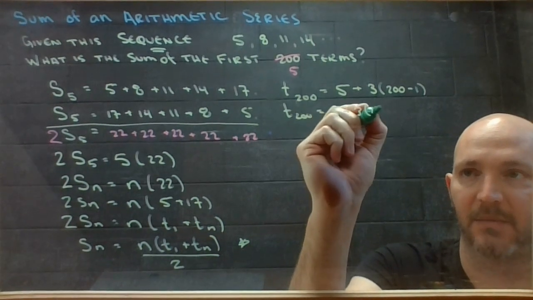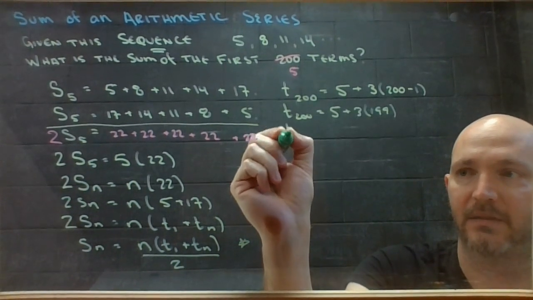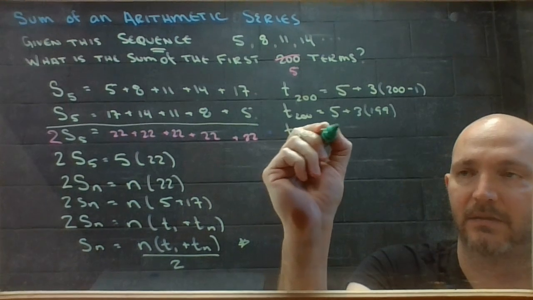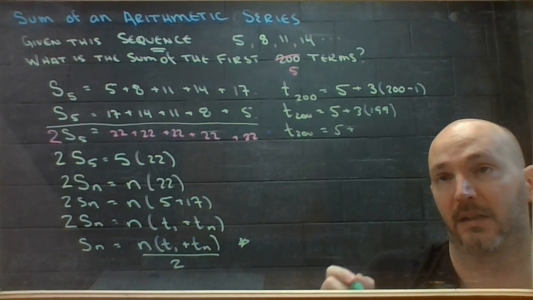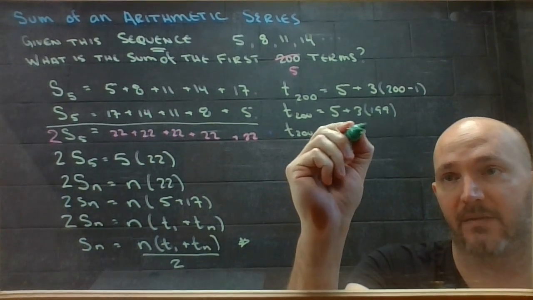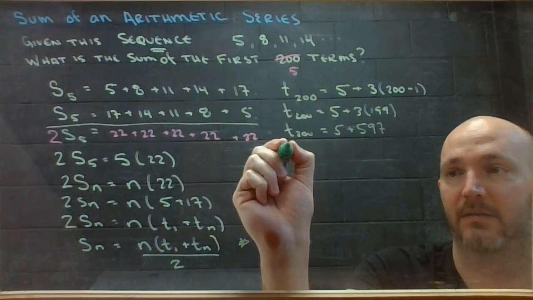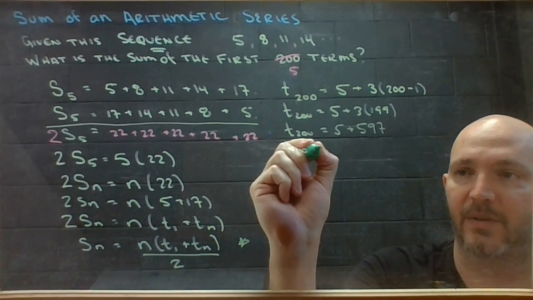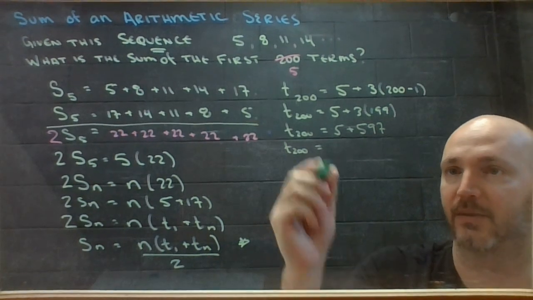It's 3 times 199. That's 597. So the 200th term would be 602.